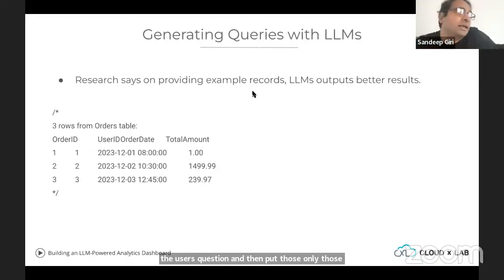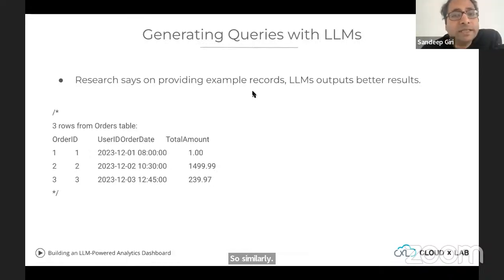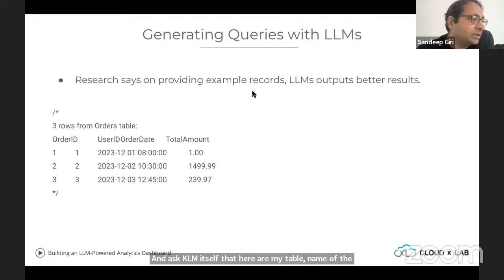Similarly, tomorrow, if we have, let's say, 50,000 database tables, we can give the LLM the names of the tables and ask which of these tables are relevant for this particular SQL query. Then you append the information of only those tables. And that's it.